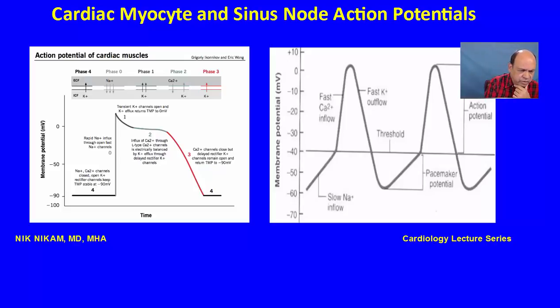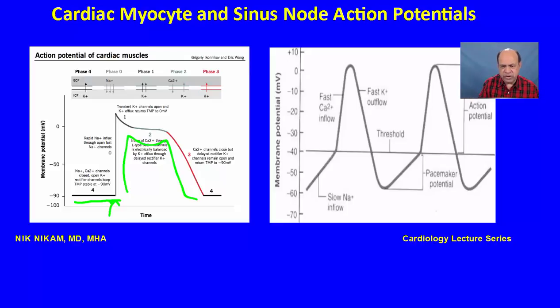As you can see, we have a resting membrane potential which remains constant in a myocyte during the resting phase until it gets an electrical impulse or the ionic charge, which tells it to open the sodium gates that results in an action potential.